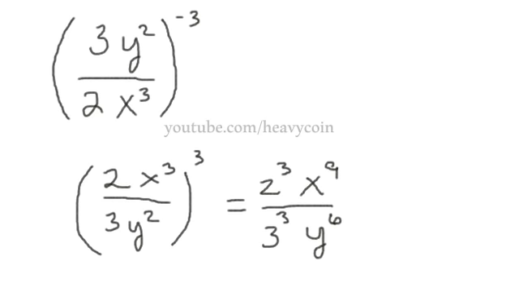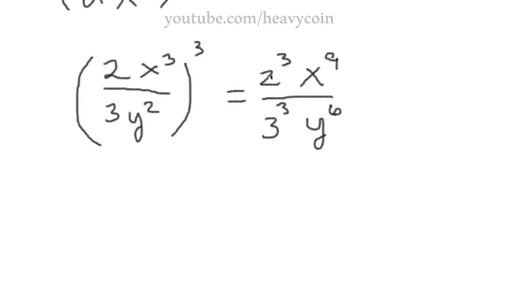And of course, the only thing we can do here now is just go ahead and take 2 raised to the third, which is going to end up being 8 x to the ninth over 3 to the third is 27, and y to the sixth.